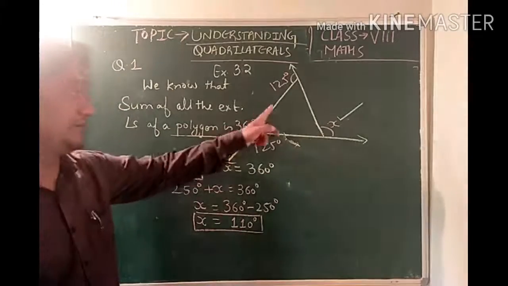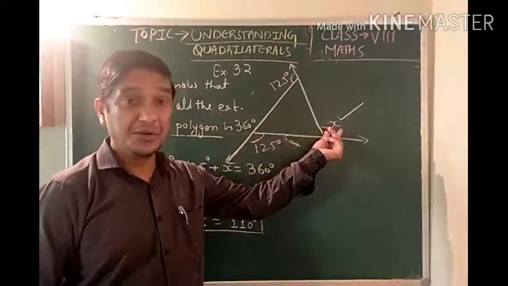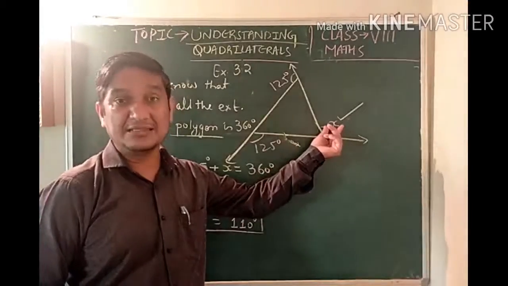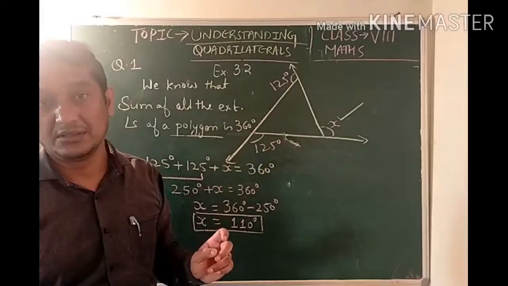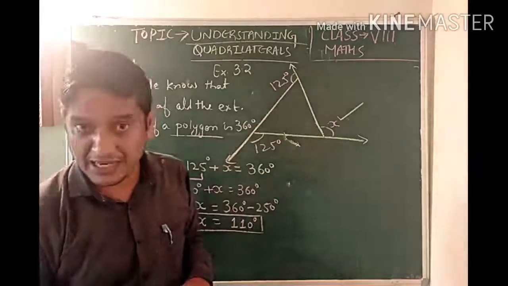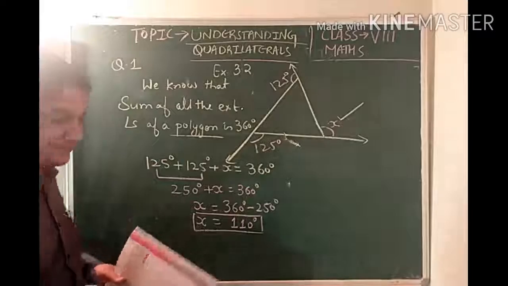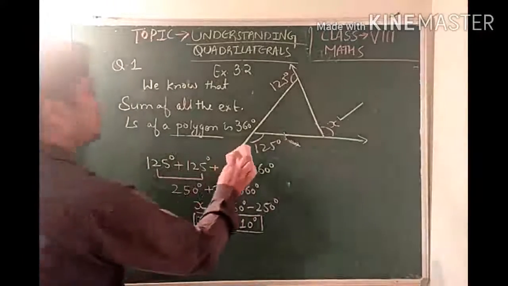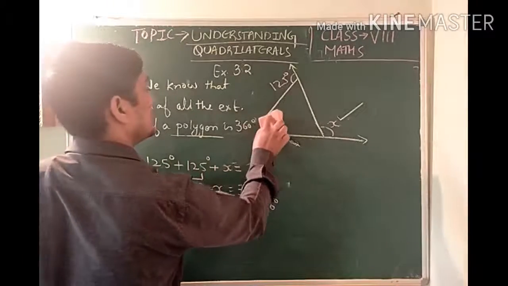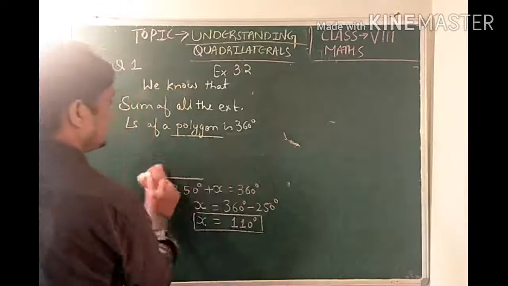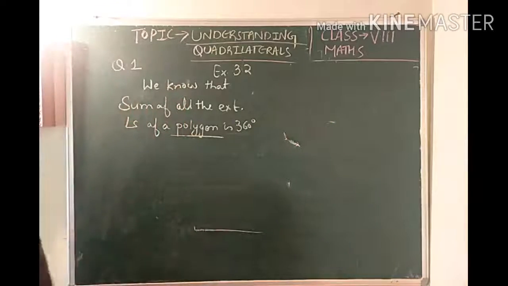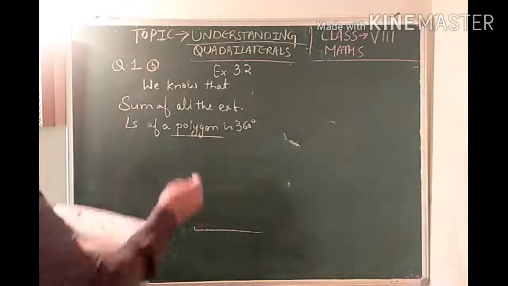Children, you can find any unknown exterior angle when the other exterior angles are given. Now children, we will do one more part of this question. Look, the second part, B part now.